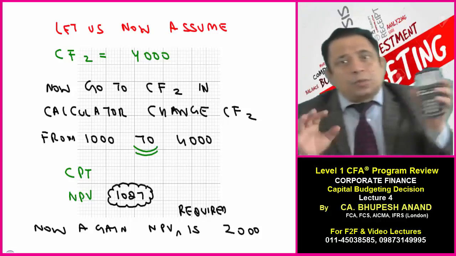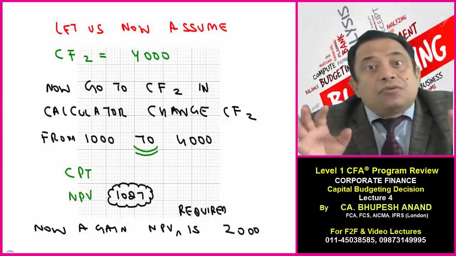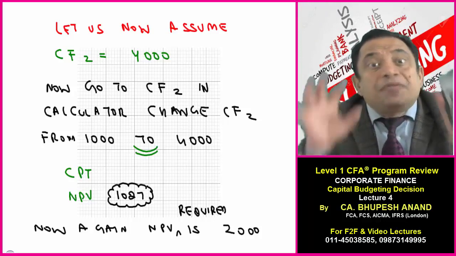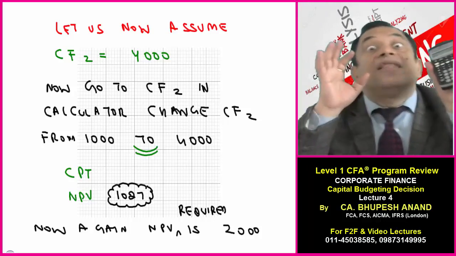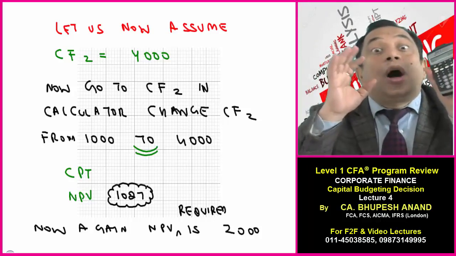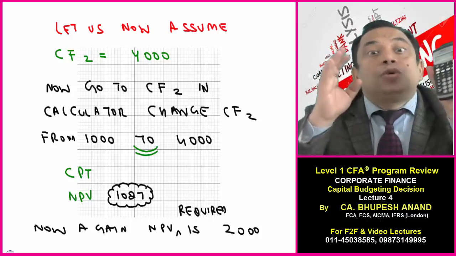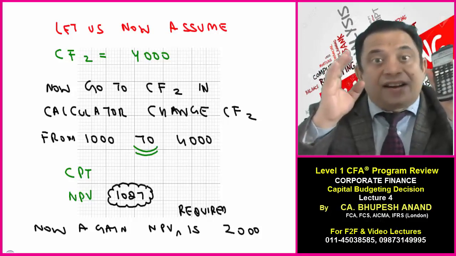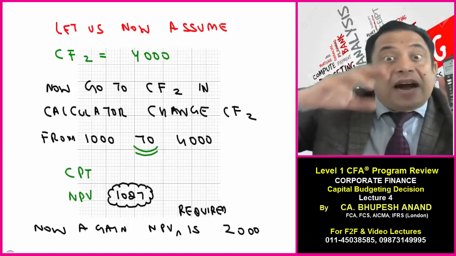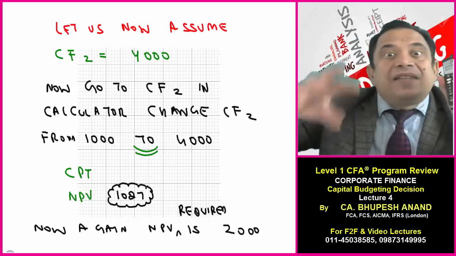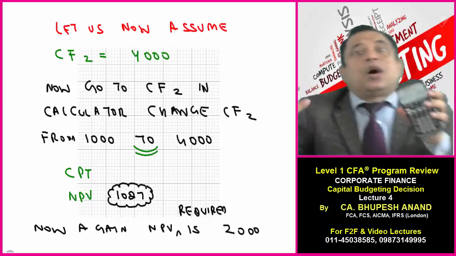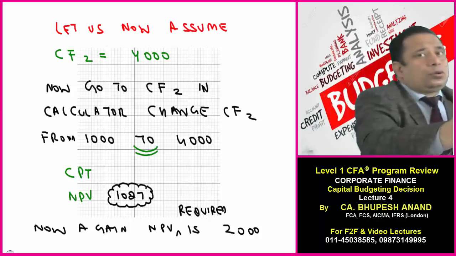So I am assuming the cash inflow for the second year to be 5500. Now you are getting the logic of how I have calculated 5500, because I need an NPV of 1000 more. So for that I should have a cash inflow of more than 1000, because I have to discount it also.